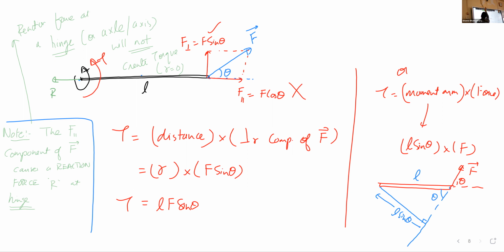Noted. So I'll just read it out for you. The parallel component of force causes a reaction force capital R at the hinge. And the reaction force at the hinge, axle or axis, whatever you call it, does not contribute to torque.